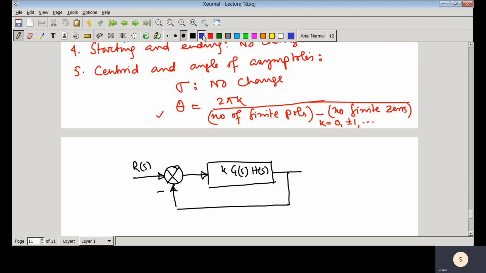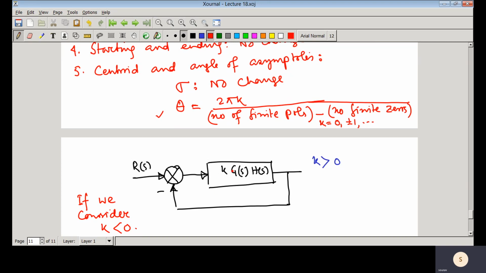So far in the negative feedback structure we have considered k greater than or equal to 0. Now what would be the root locus if we consider k less than 0? That means what would be the root locus whenever k is negative.